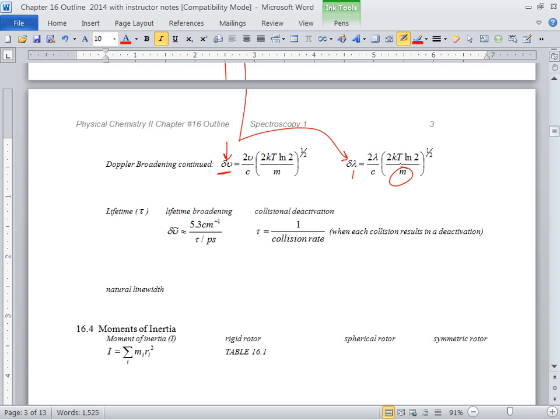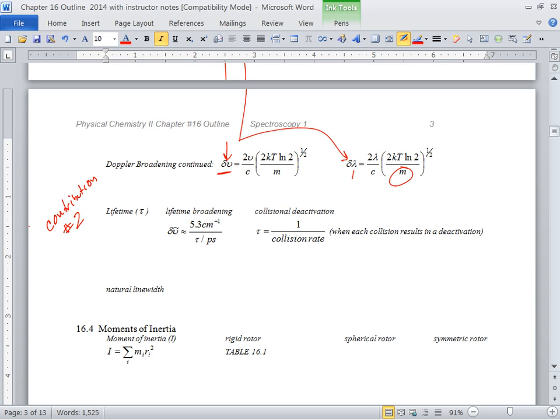Okay. Here's contribution number 2. Because for us to see that light, it had to emit it. Well, remember we talked about phosphorescence, fluorescence.